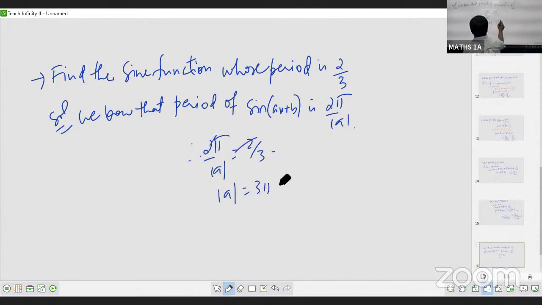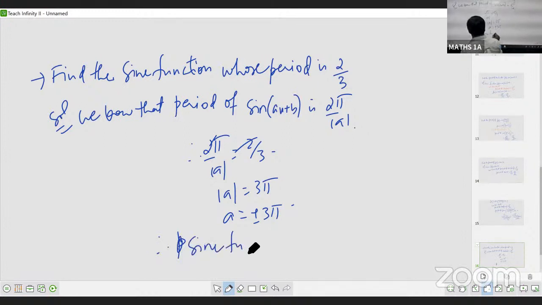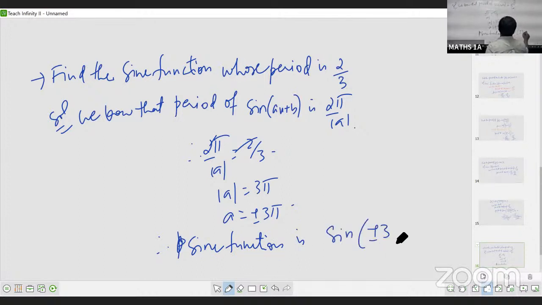Mod a is 3 pi. So a equals plus or minus 3 pi. Therefore the sine function is sine of plus or minus 3 pi x. Is it clear? Okay.